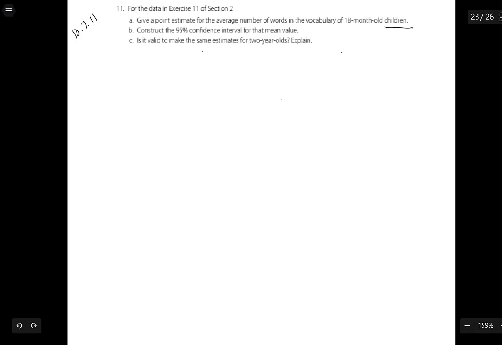So our point estimate, we can get that from our regression line. So here is our generic regression line.